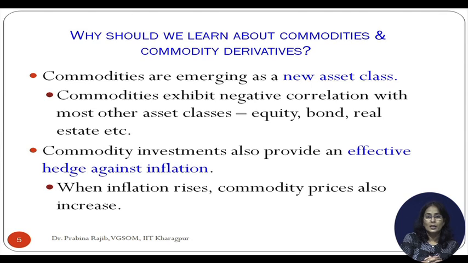However, commodities in their actual form, that is real underlying assets, cannot be held directly by investors. So normally investors have started investing in commodity derivative contracts, that is commodity futures and options, to benefit from the diversification of the portfolio, and they are adding these commodity derivatives to their portfolio.